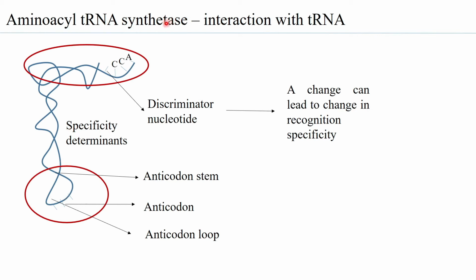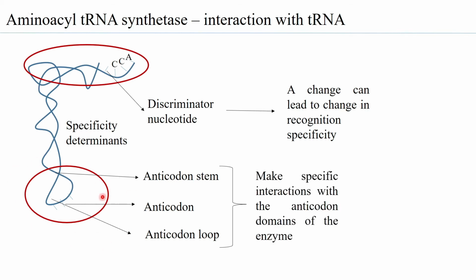As observed in the structure of the aminoacyl tRNA synthetase, there is domain 1 and domain 2 that can bind to the anticodon region. So all three make very specific interactions with the anticodon domain of the aminoacyl tRNA synthetase. And this therefore is very crucial.